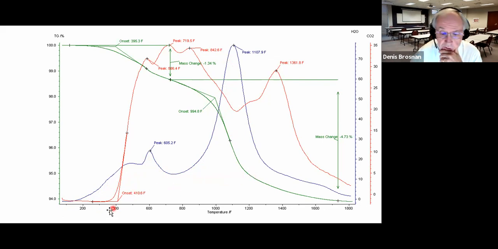The CO2 in this case is in red. And you can see you get to a minimum temperature to ignite the carbon that's present, but we have several little peaks.